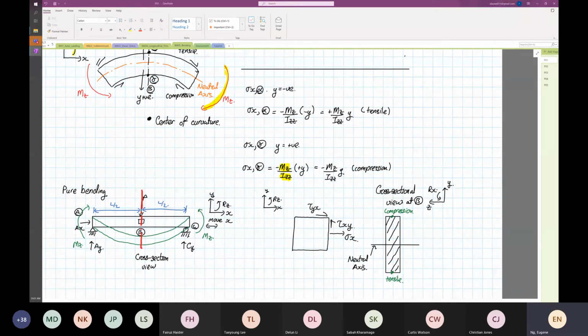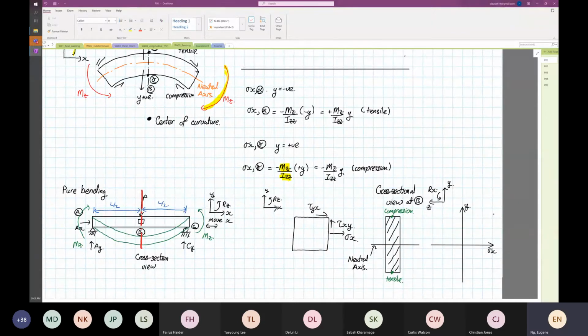So we have an axis over here. This axis is our stress in the x direction, and over here, this is our y.